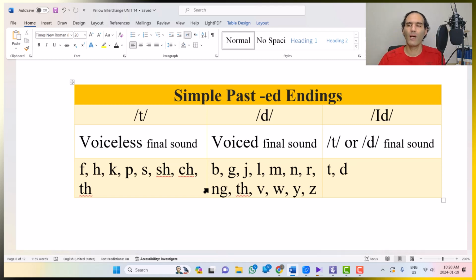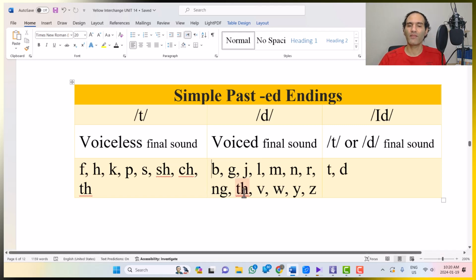L. M. N. R. Ng. V. Because we have v. Like they. V. W. Y. Or z. All of them have vibration. We call them voiced sounds. If end of the verb is any of these sounds, that ed is pronounced d.